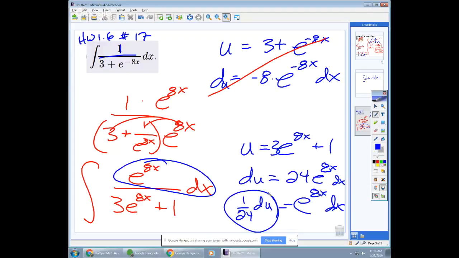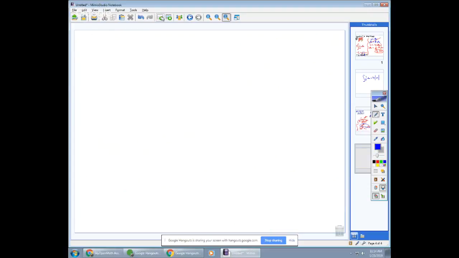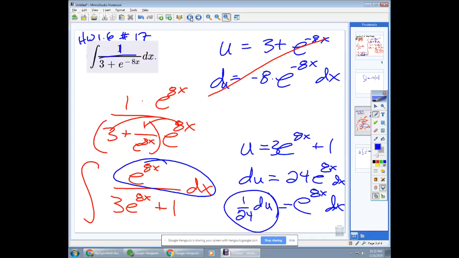So new page, I think what I have now is I'm going to pull the 1/24th out of the integral, and I think I just have 1 over u du now. Right, double check. Here's my du. This is the only thing not accounted for, and that right there is really my u. So there's 1/24th from here, 1 over u du.